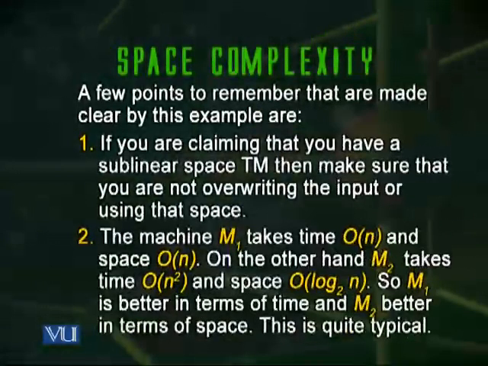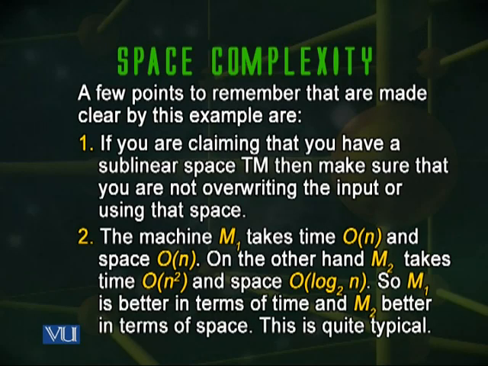The second thing that is made clear is that the machine M1 takes order n time and order n space. On the other hand, the machine M2 takes order n squared time and order log n space. So M1 is better in terms of time than M2, but M2 is better in terms of space.